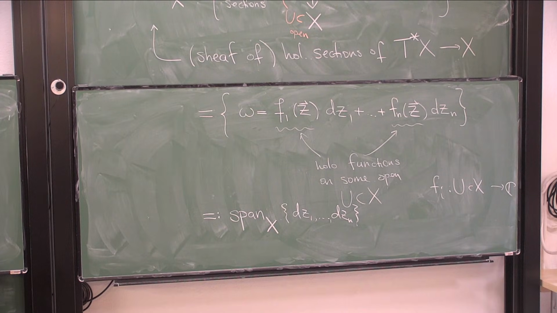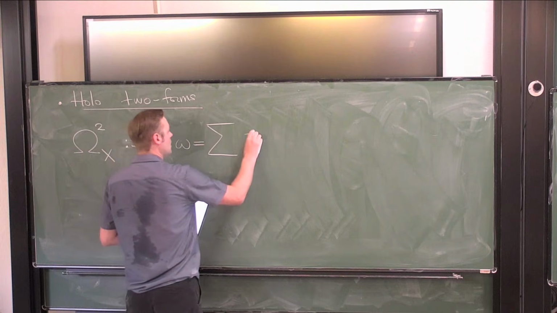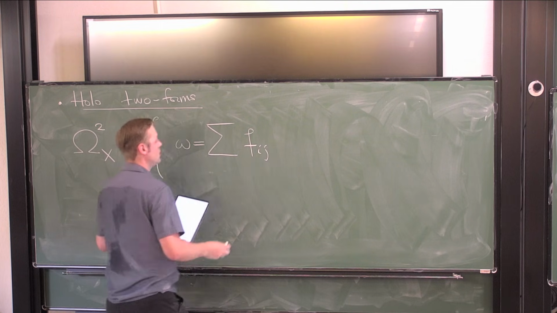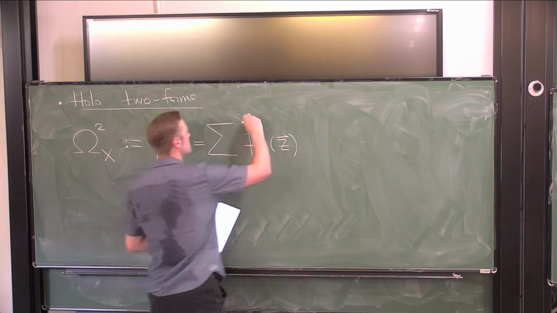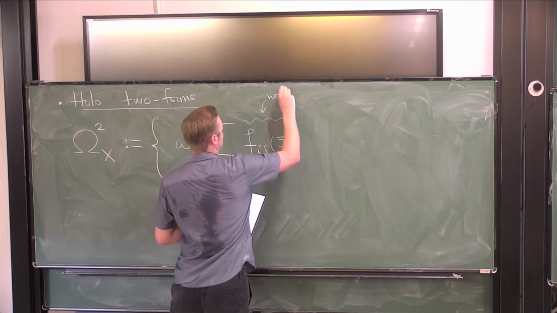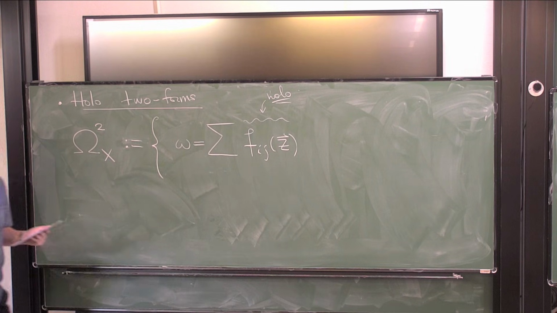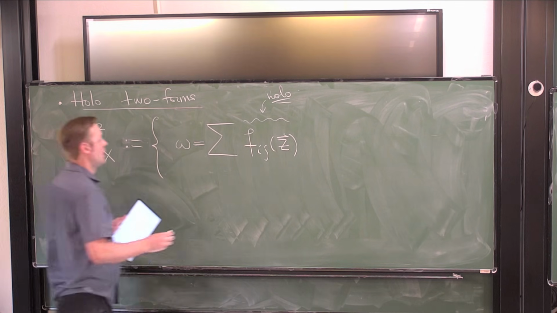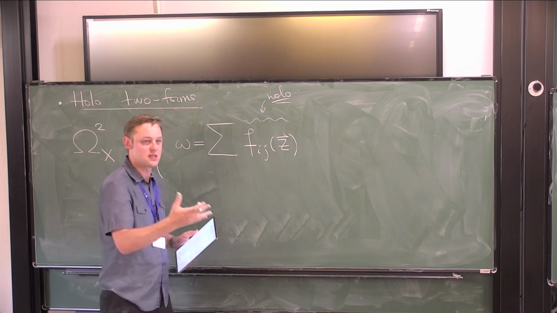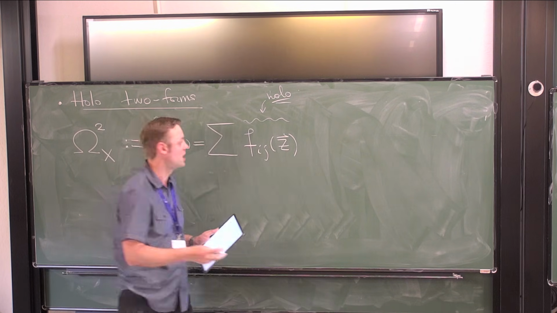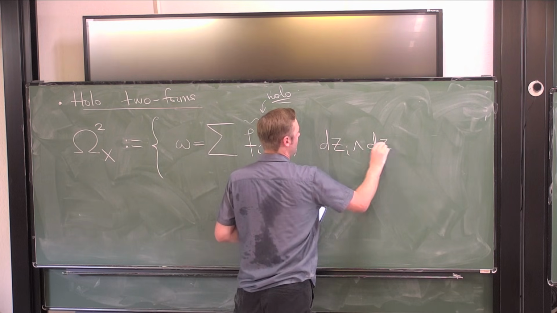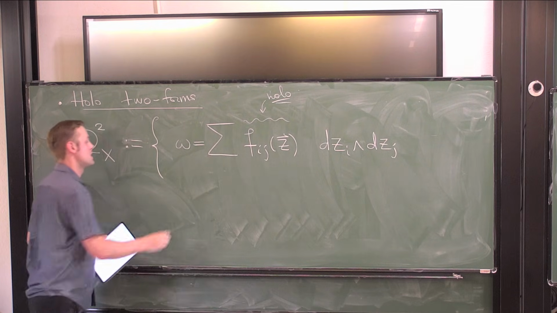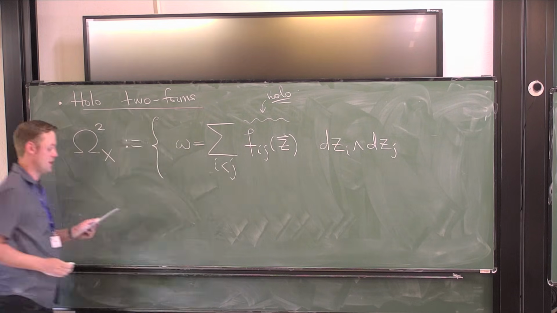They are linear combinations with coefficients, which I'll call f_ij, which are again locally defined holomorphic functions, etc. But now, as my vectors, the things that I'm taking the span of are these wedge products.